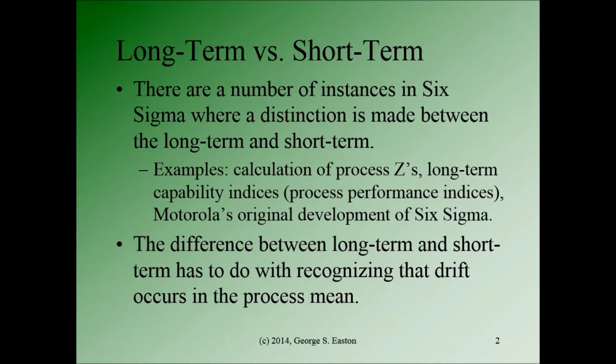Some of the examples that we'll be looking at have to do with the calculation of process Z's, the calculation of these long-term capability indices I just mentioned, and also Motorola's original development of the idea of Six Sigma. The difference between long-term and short-term really has to do with whether or not you recognize that process means tend to drift over time.